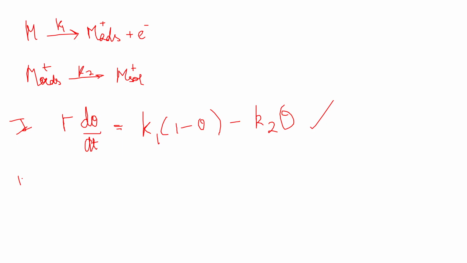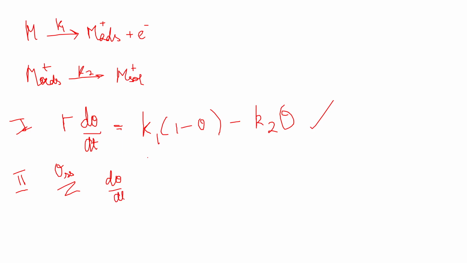Now the next step is to find out what theta is at steady state. Theta at steady state means what? There is no change of theta over time. Theta is a constant. When will that happen? d theta by dt equal to 0.